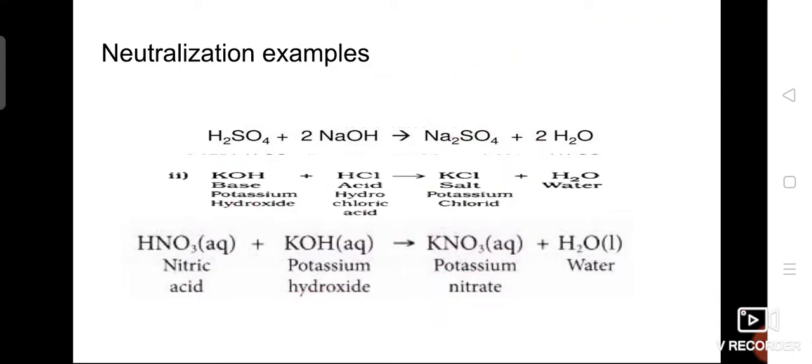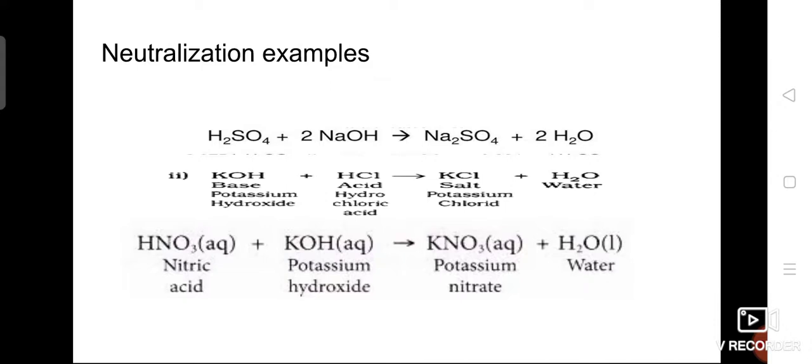So when an acid reacts with a base, the product formed will be neither an acid nor a base. What is the product? Salt. In each of these we tried different acids and different bases, but the result is salt and water, and this type of reaction is called what? Neutralization. Are we all clear?